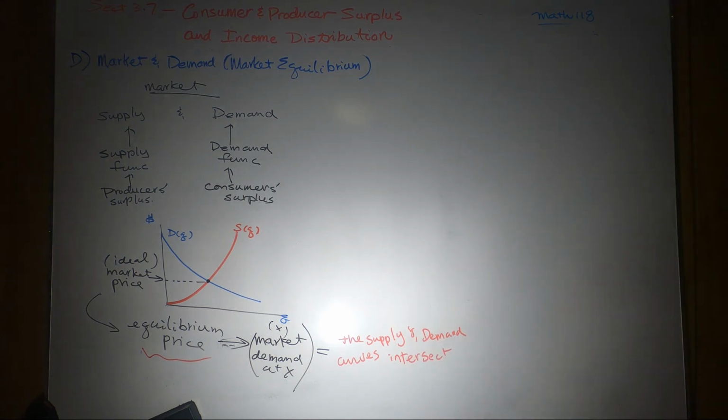That's how we find our equilibrium price, at least from a math perspective. Then you can compare it with your business class and see how the concepts complement each other.